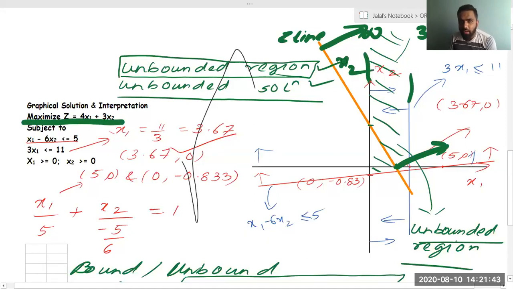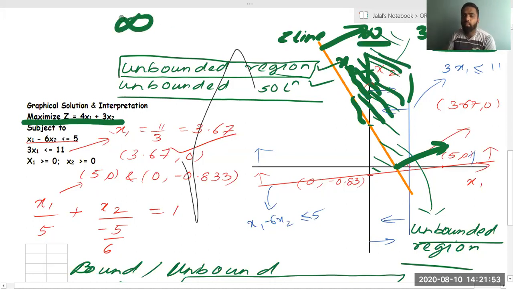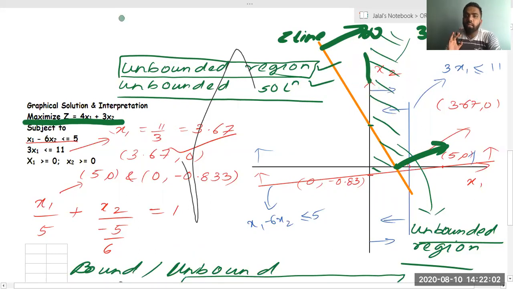If I try to move this line parallel, I will cut this line at some point which is called infinity. So such kinds of solution where my Z is tending towards infinity are called unbounded solutions.